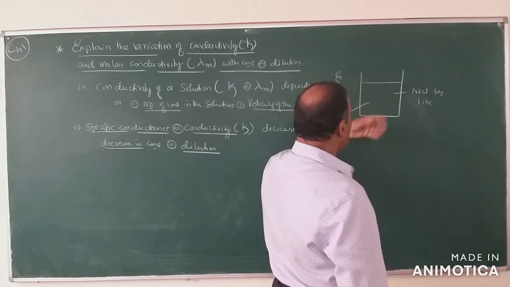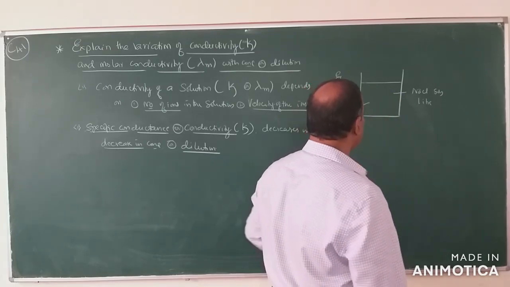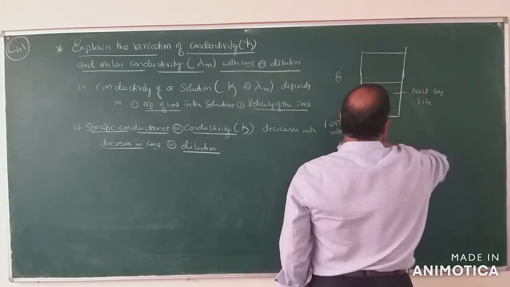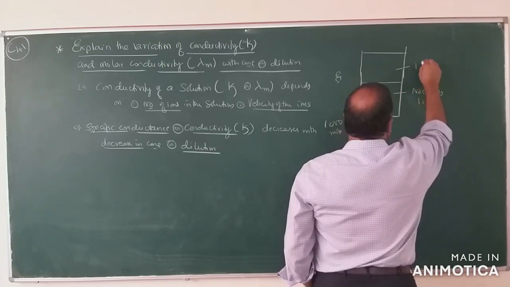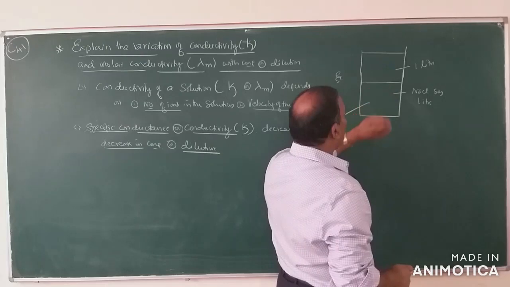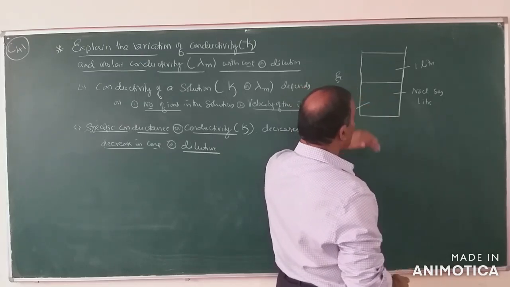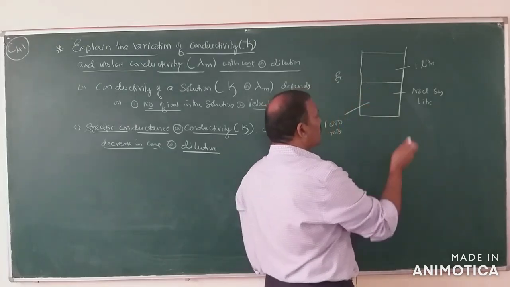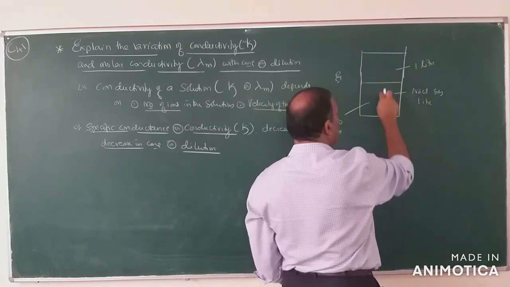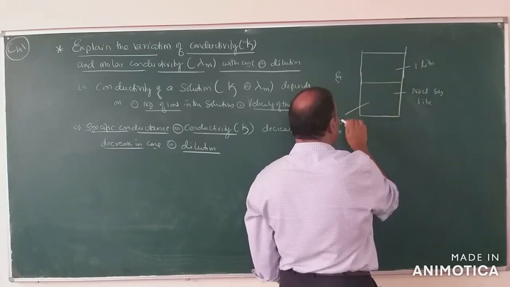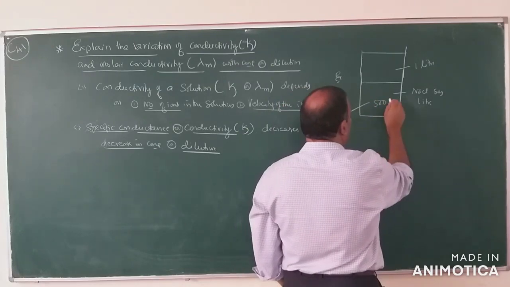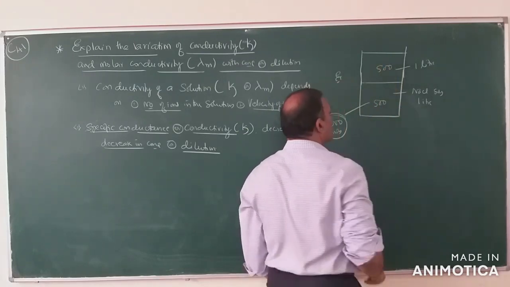So when this solution is diluted, what happens? Say if it is diluted to 2 liters, I will add another 1 liter of water. So what about the number of ions per liter? The number of ions per liter decreases. These 1000 molecules distribute between these 2 liters. Originally there were 1000 molecules, now there are 500 molecules here, 500 molecules here.